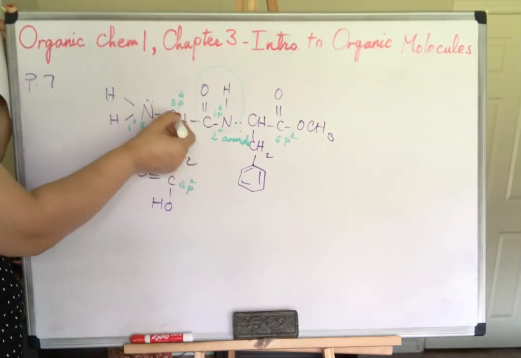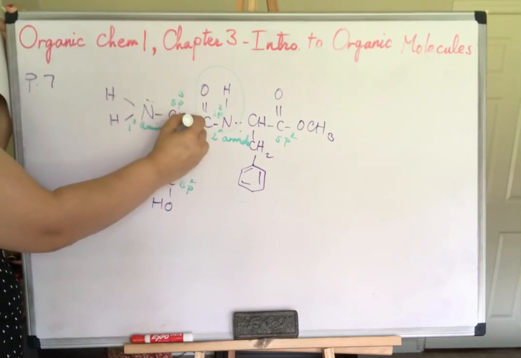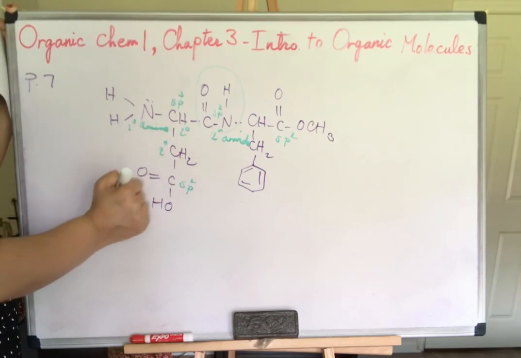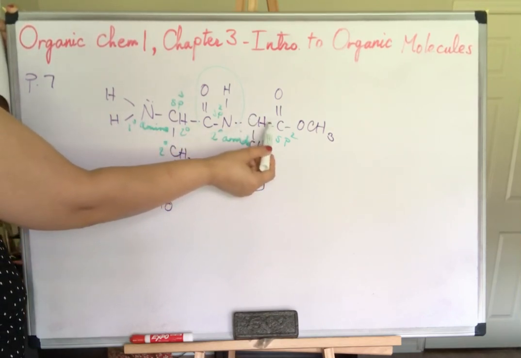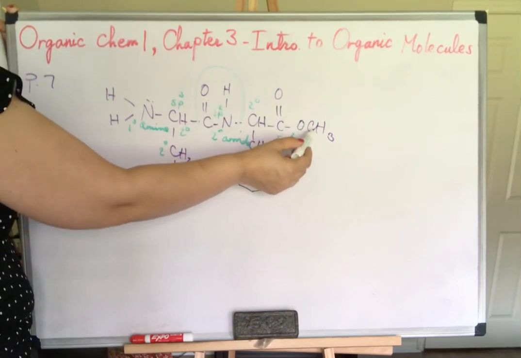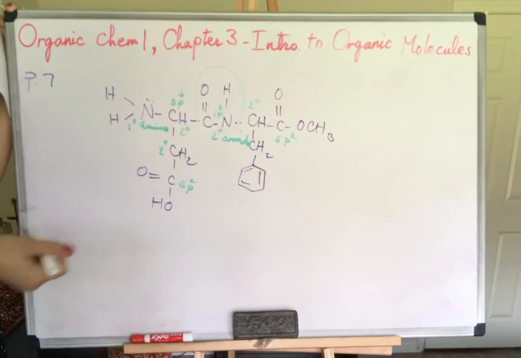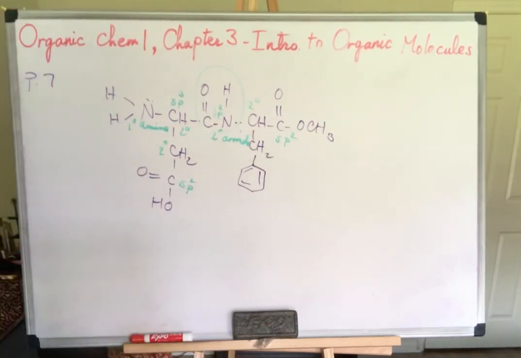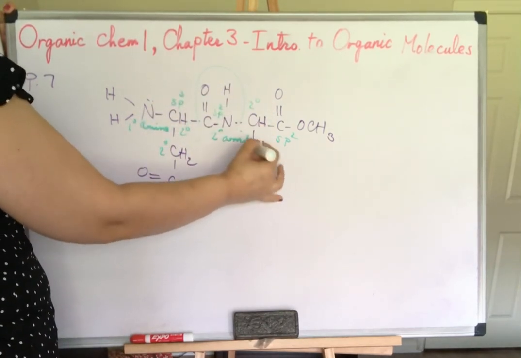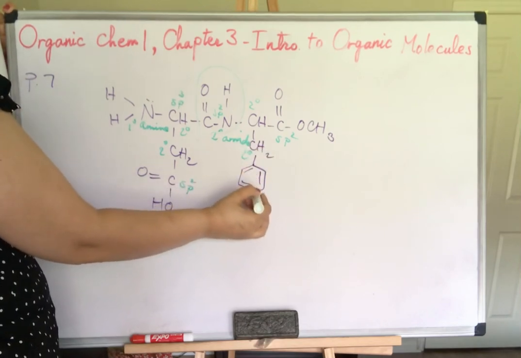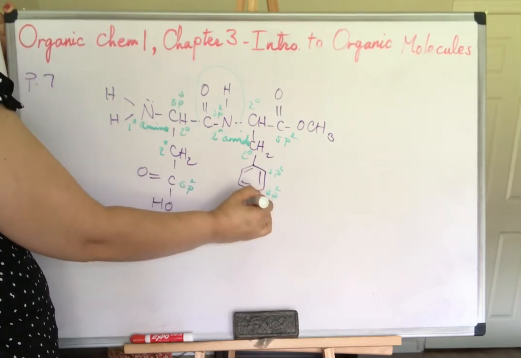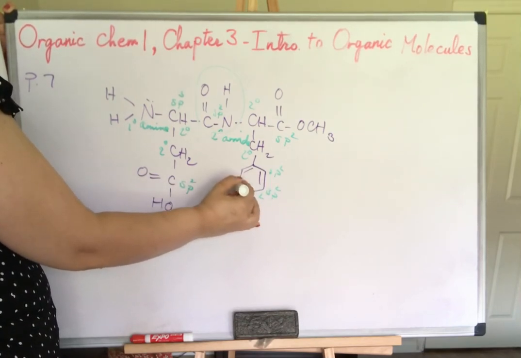And the type is, the carbon is connected to 2 carbons, so this is secondary. This carbon is connected to 2 more, this is another secondary. This carbon connected to 2 more, so this is another secondary. And this carbon is connected to no carbons, just the oxygen, so you do not determine its type. This carbon is connected to 2 more carbons, this is another secondary, and each of these carbons are sp2 because of the double bond, so you cannot consider them as sp3.